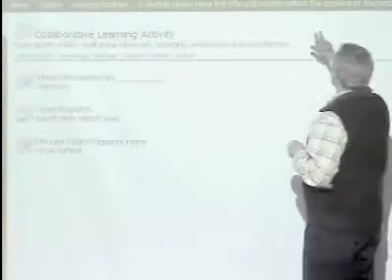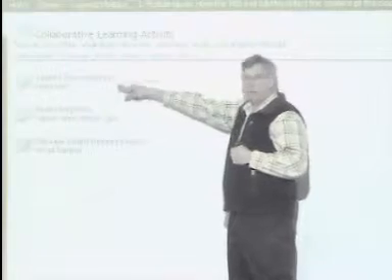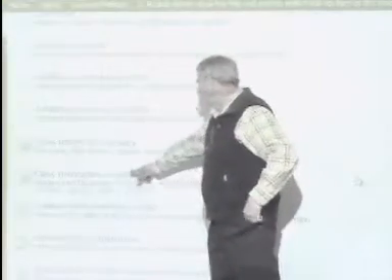Now let's use the breadcrumb to go back to our module and see what comes after the teamwork stuff. There is a submission to instructor. That's a Dropbox. That's where students will turn in some kind of a written assignment.